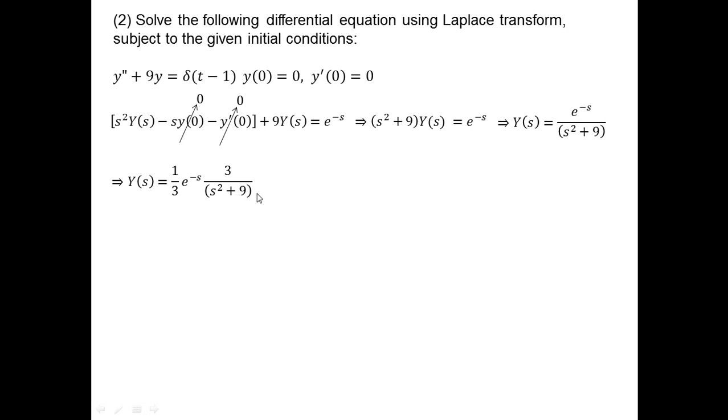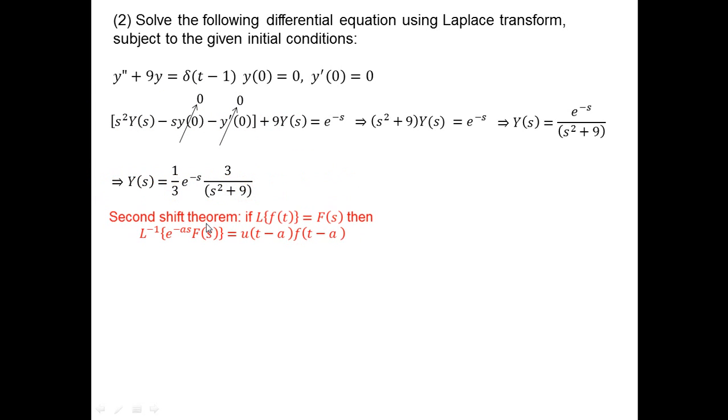So what I do is that I just multiply here, I have in the numerator coefficient 1, in order to reshape this fraction. In terms of the sine Laplace transform, I just multiply the numerator by 3 and by 1 over 3.